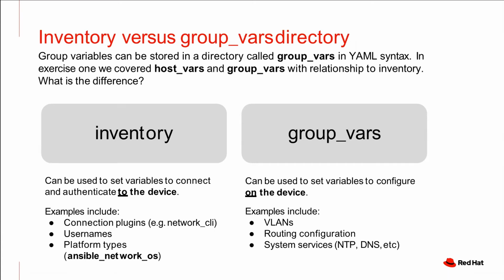So we can configure these in either the inventory file, or we can create a group vars directory and do it that way. So we talked a little bit before about the inventory variables are the variables that we use to connect and authenticate to the device, and the group variables are variables for things that we can configure on the device.